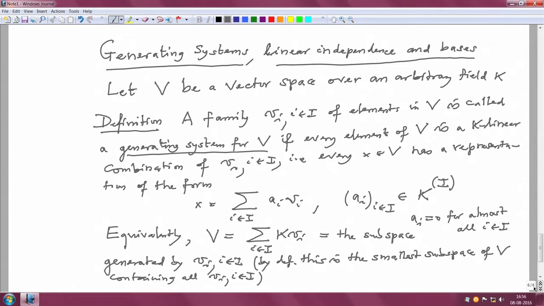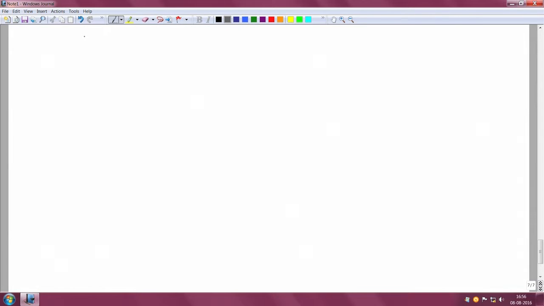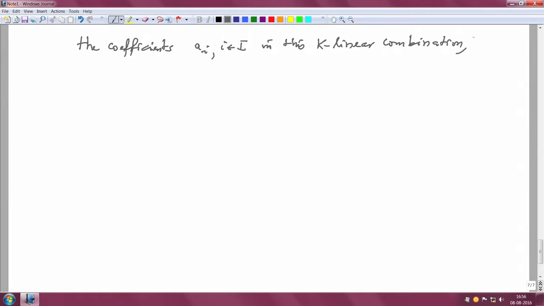So the coefficients a_i in this K-linear combination are in general not uniquely determined.